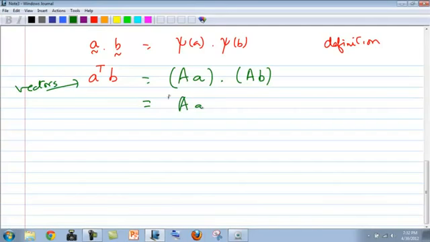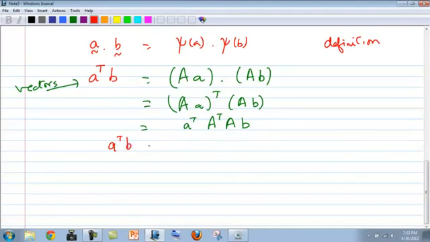So (A A) transposed times A B. And let's simplify that out. That gives me A transposed A transposed A B. Okay, let's rewrite this.